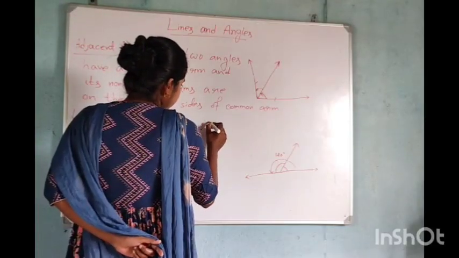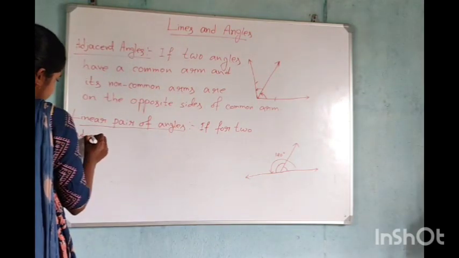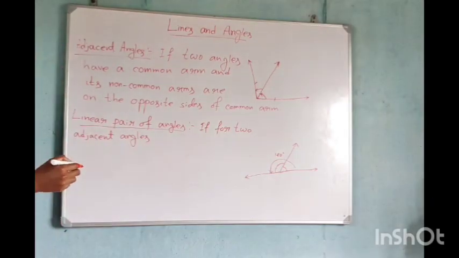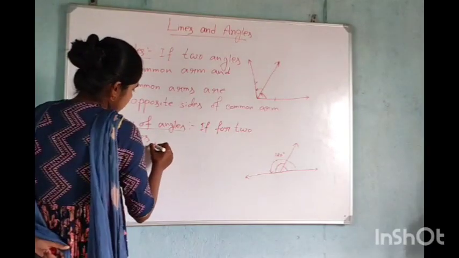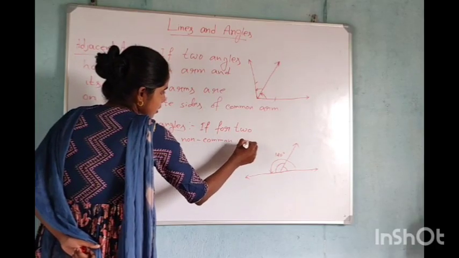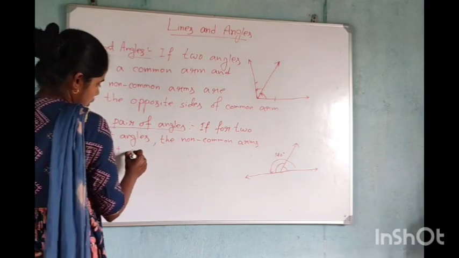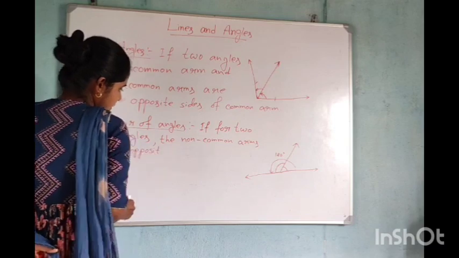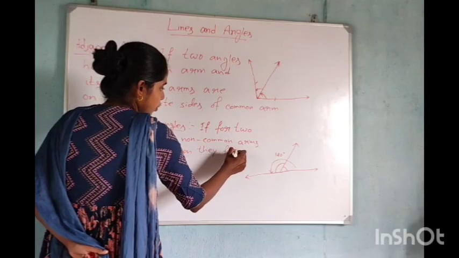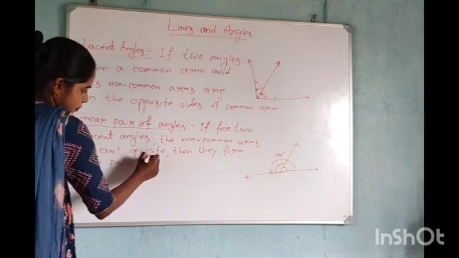So if, for two adjacent angles, the non-common arms are exact opposite, then they form a linear pair of angles.